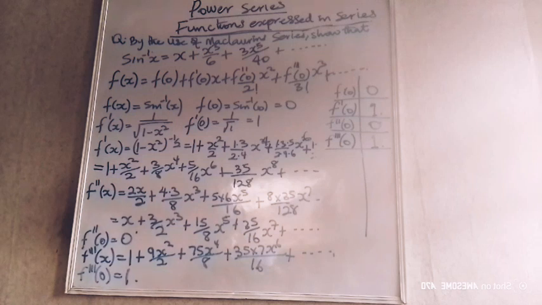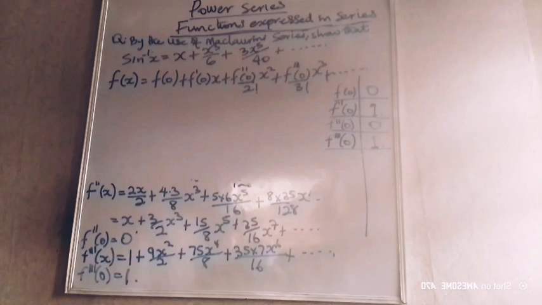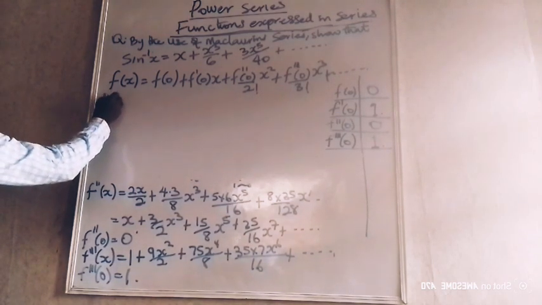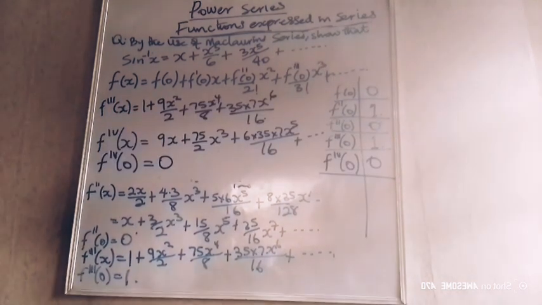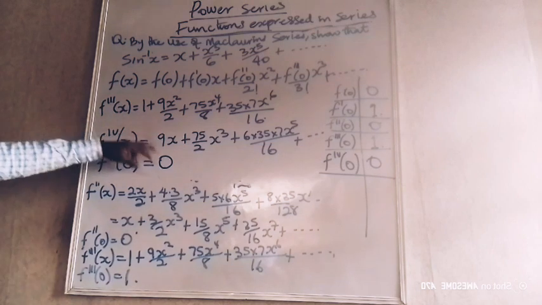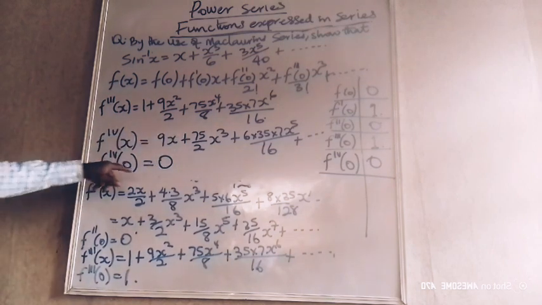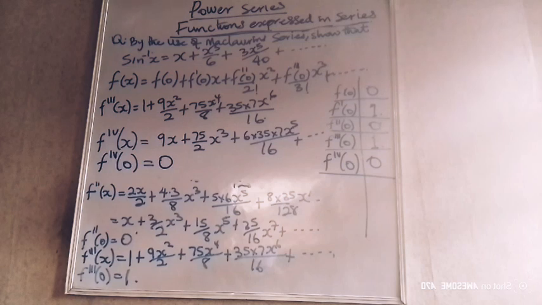Let's get the fourth one. You can see, on differentiating, this is the answer. So slotting in 0, f4(0) is 0.